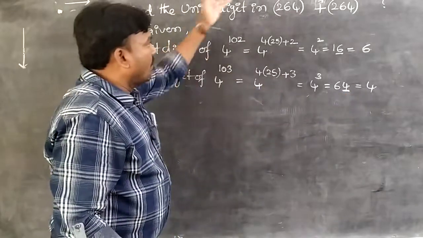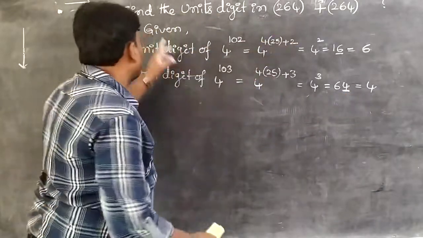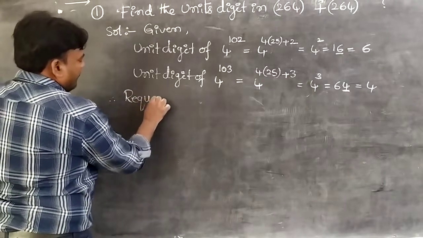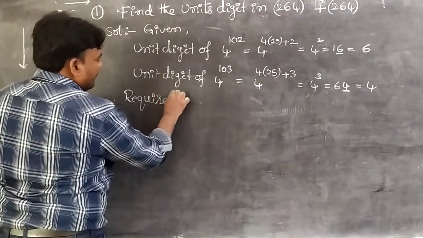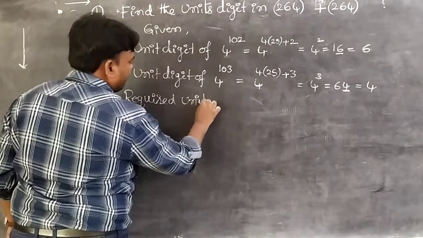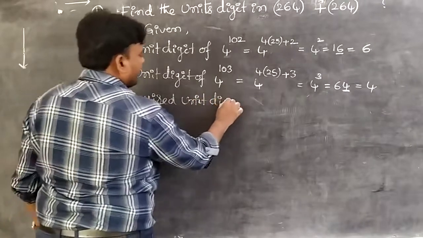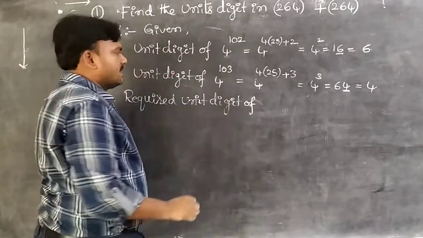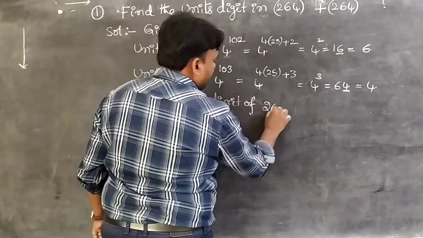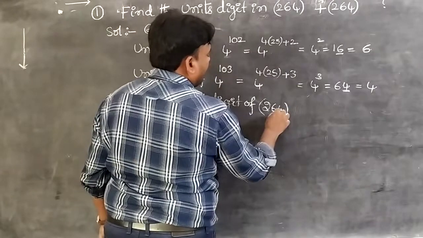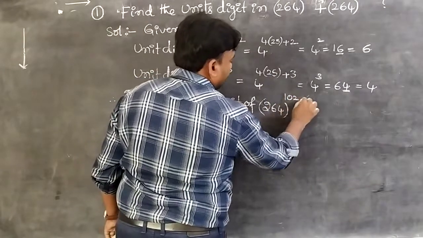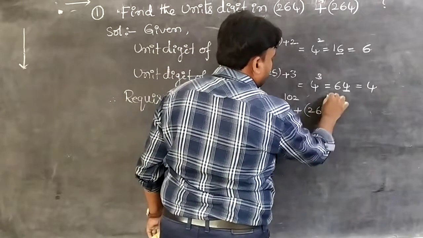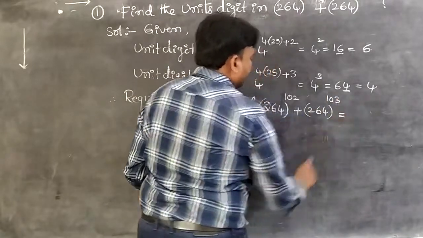Next one, whole, we have taken summation, students. So therefore, required unit digit of 264 whole power 102 plus 264 whole power 103 equal to.